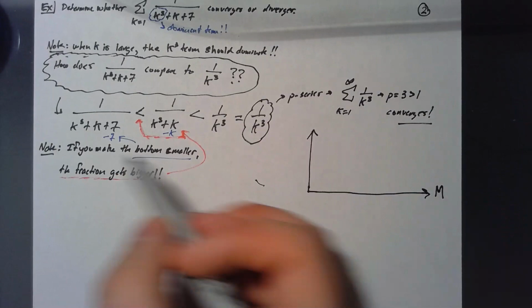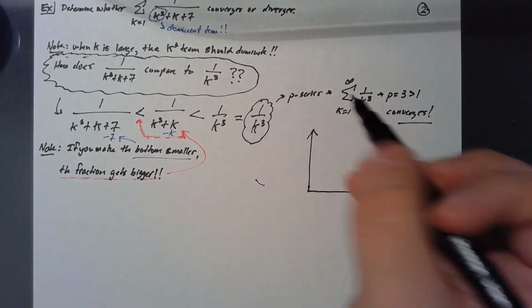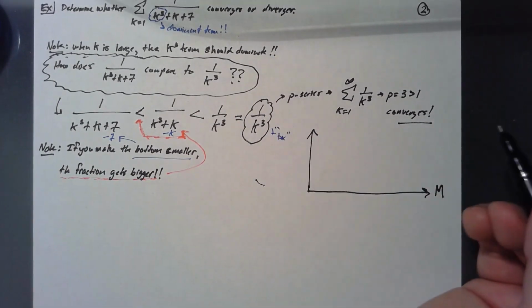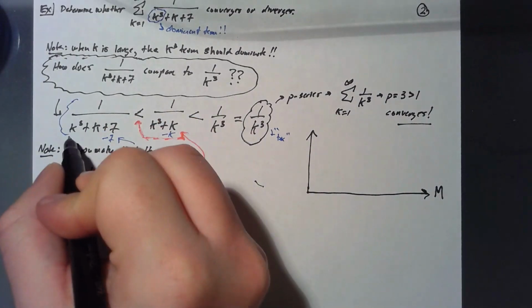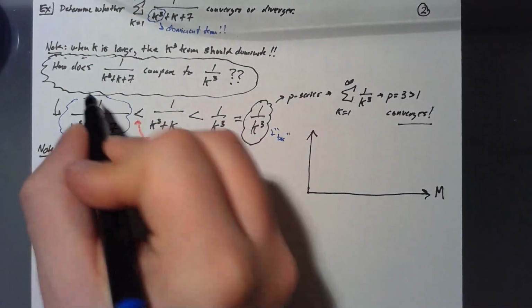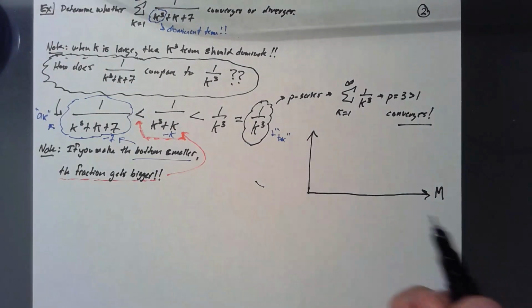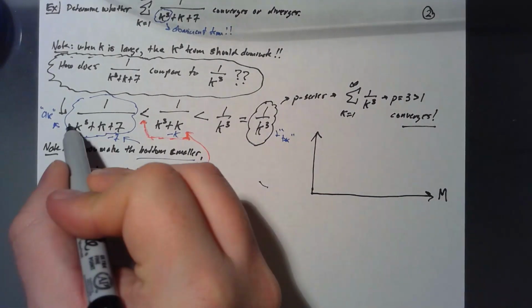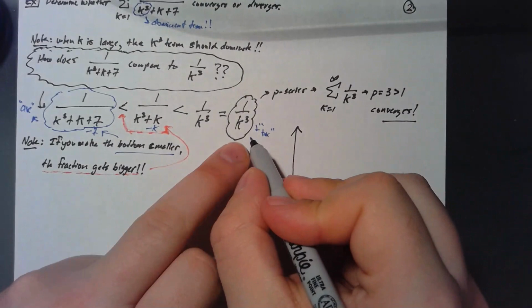I could treat this series as my b of k series, and I could treat my starting series as my a of k series. So b of k is greater than a of k, and b of k converges.